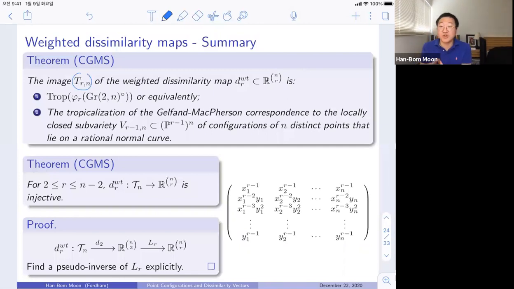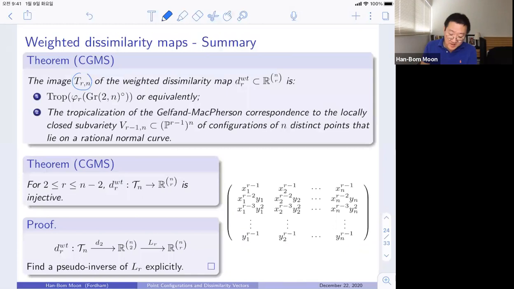Or equivalently, and we are going to use this second point of view intensively, the tropicalization of the Gelfand-MacPherson correspondence of the locally closed subvariety V_{R-1} inside P^{R-1} to the n, which parameterizes the point configurations lying on a rational normal curve. The second one is obtained by applying the Gelfand-MacPherson correspondence, which is equivalent to the first one.